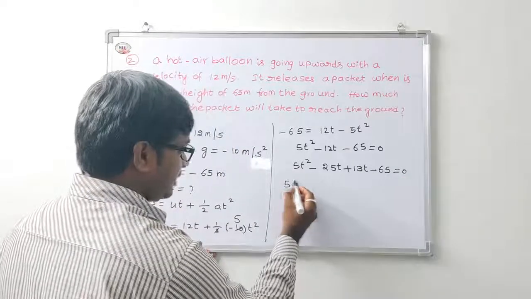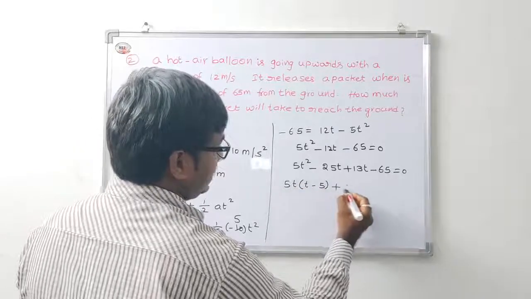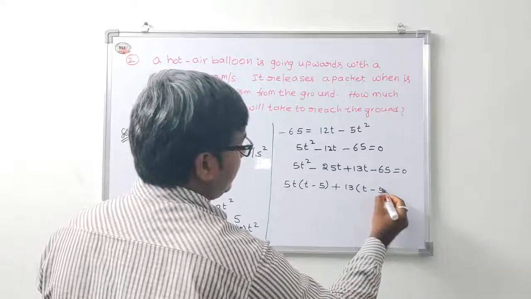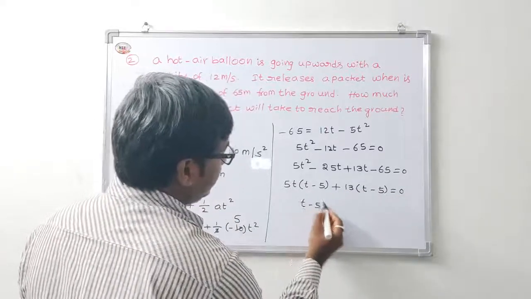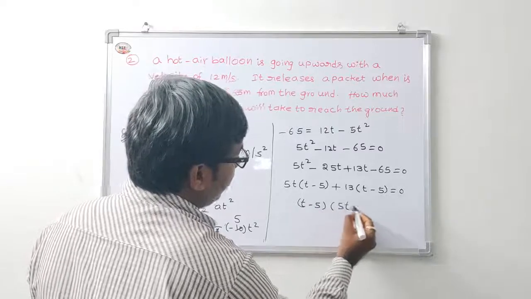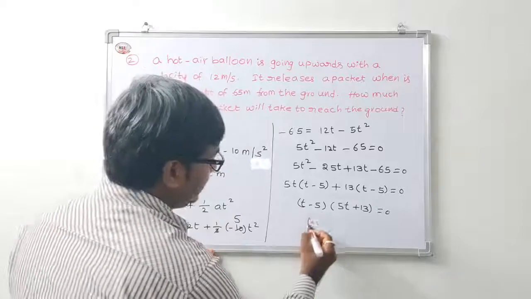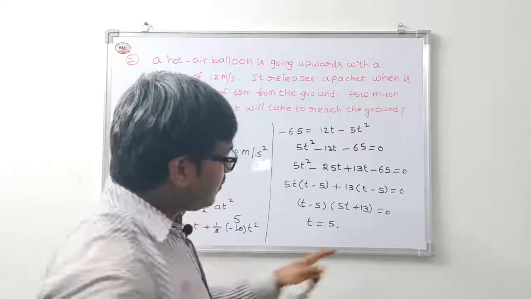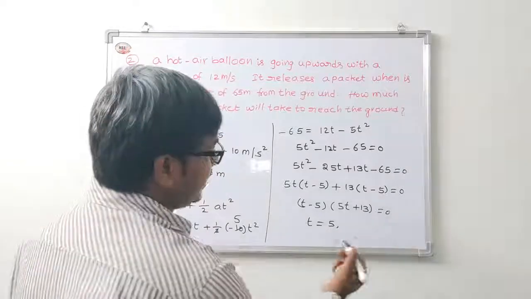First 5t is common: t minus 5, plus 13 common, t minus 5 is equal to 0. So t minus 5 into 5t plus 13 is equal to 0. That gives t is equal to 5, and t is equal to minus 13 by 5, which is a negative value.